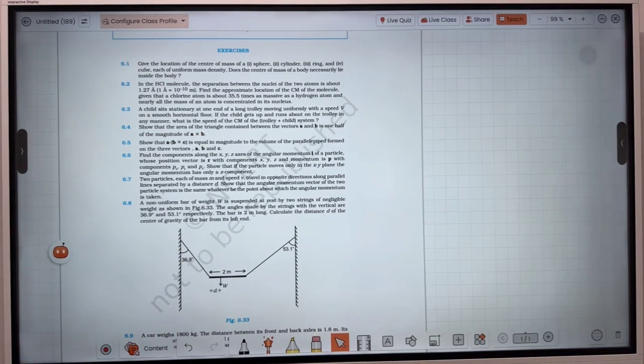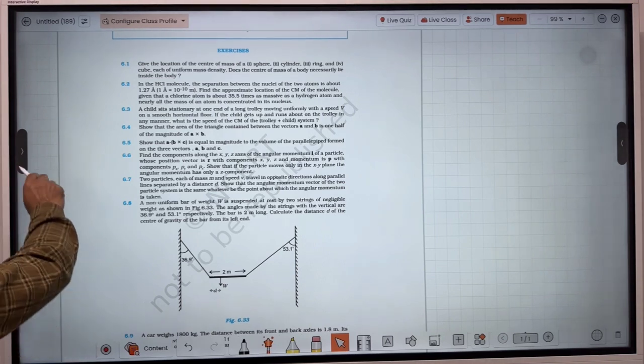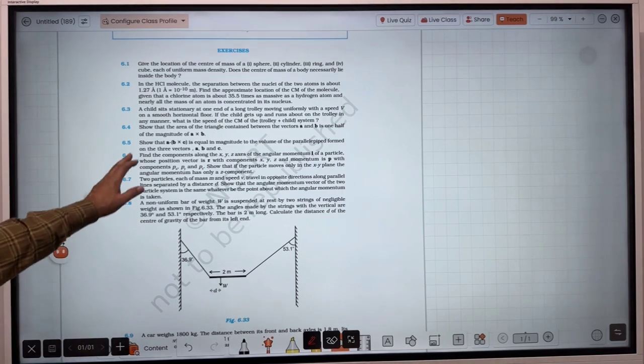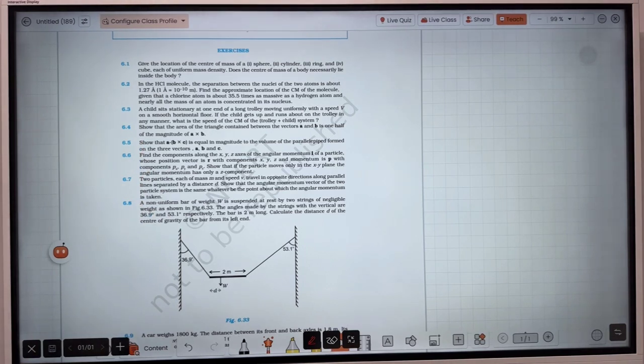Then there is another question. The third question says, a child sits stationary at one end of a long trolley moving uniformly with a speed v on a horizontal floor. If the child gets up and runs about on the trolley in any manner, what is the speed of center of mass of the trolley plus child system?